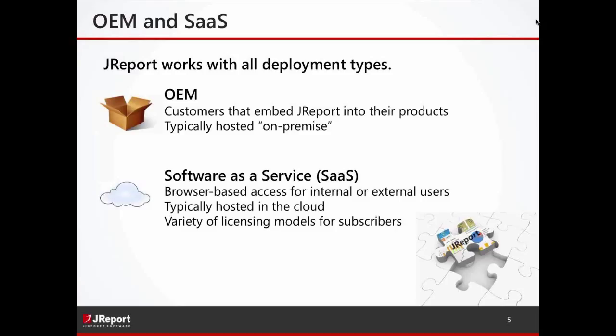Well, the other type is more of a direct type of deployment, where a customer would take JReport embedded into their application and be able to offer that application with JReport in it to their either internal or external users. Typically, this is hosted in some type of cloud environment, whether it be a private, public, or a combination of the two in a hybrid cloud. And our licensing is flexible enough to adapt to any kind of subscriber licensing model. So we can fit with a lot of these schemes out there.